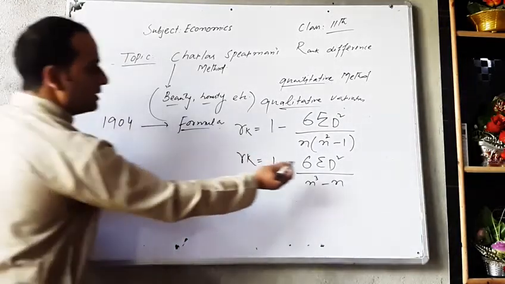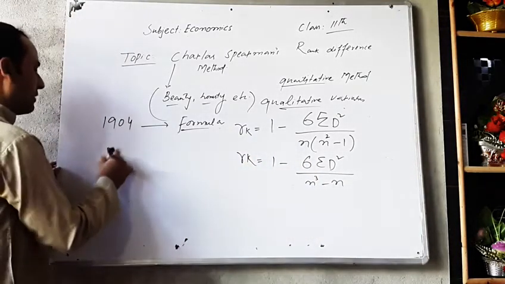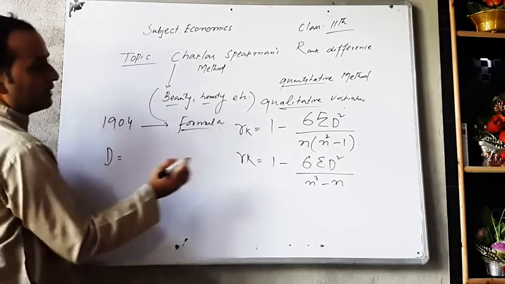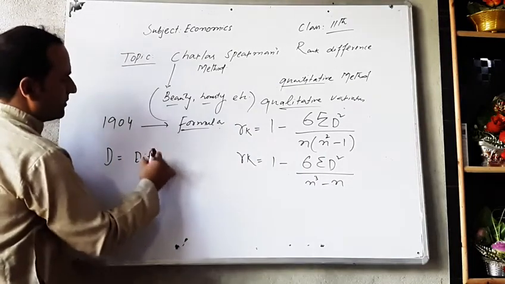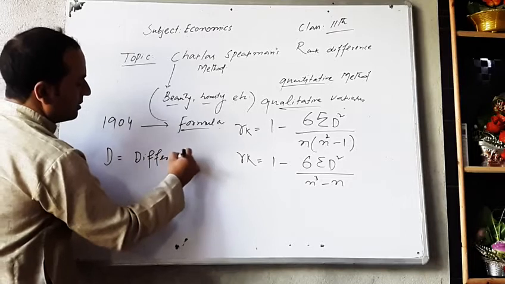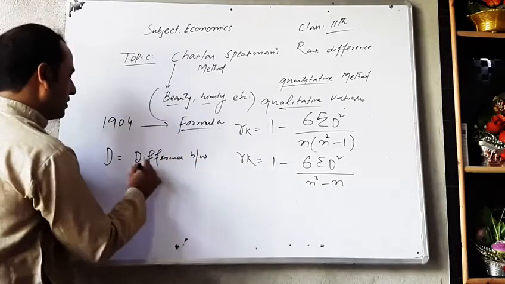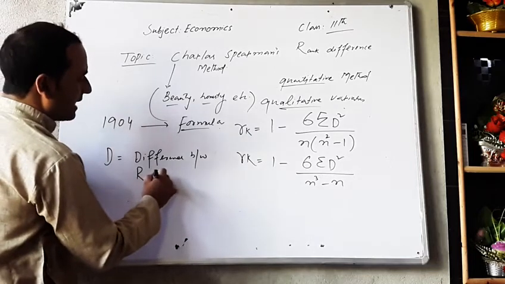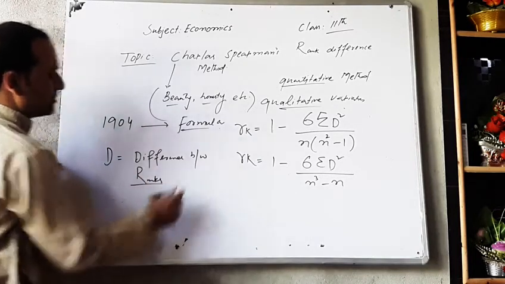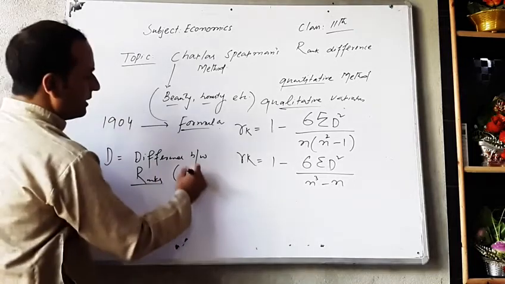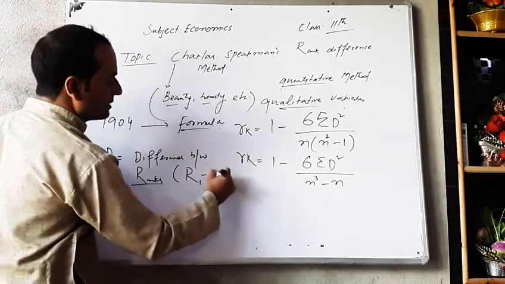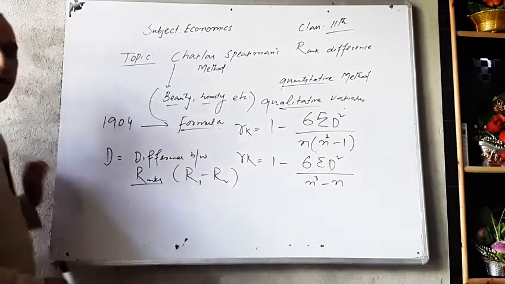Here, in d square, d is simply the difference between ranks. It is equal to R1 minus R2, rank 1 minus rank 2.